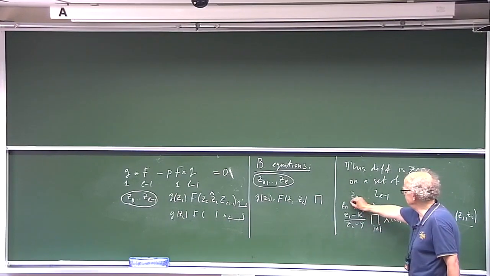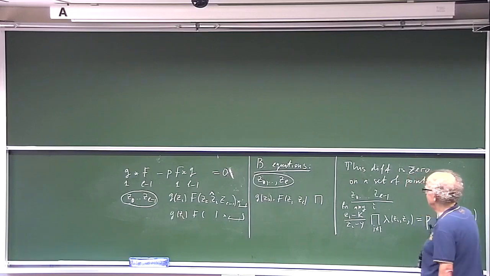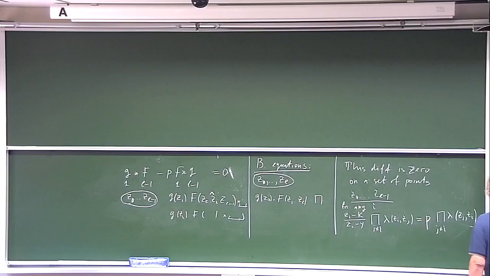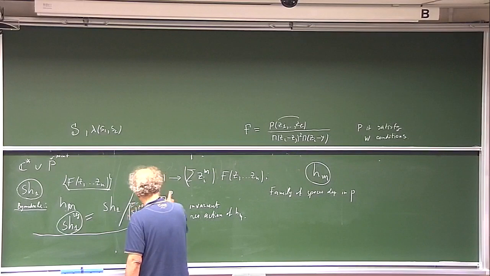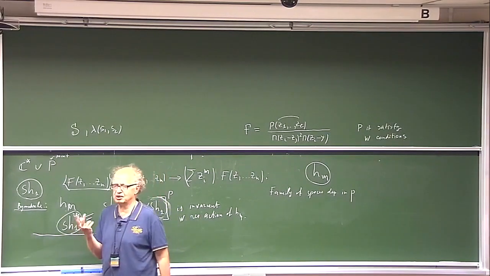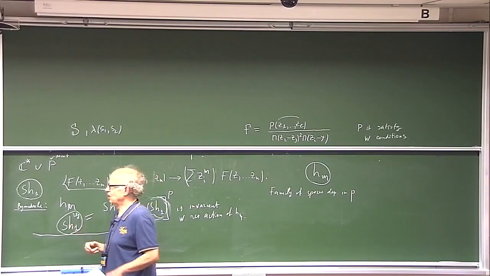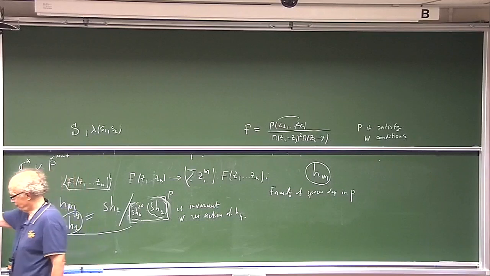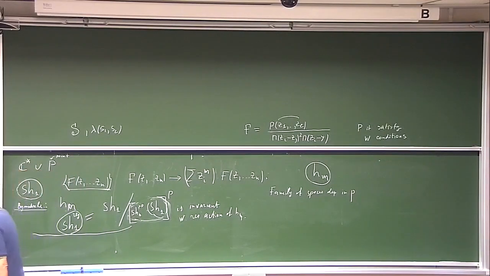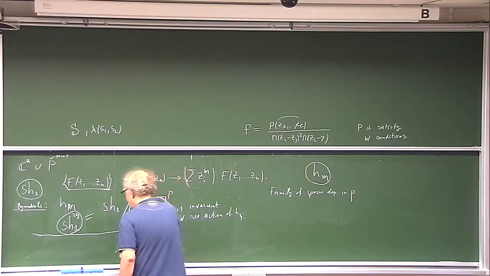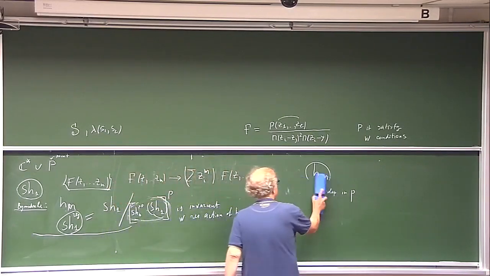Suppose that E0 and E minus 1 is some solution. If it is a solution, it means that the functions which we have here are 0 on this set of z. So by such a calculation of just this Bethe equation, they say something about the following.